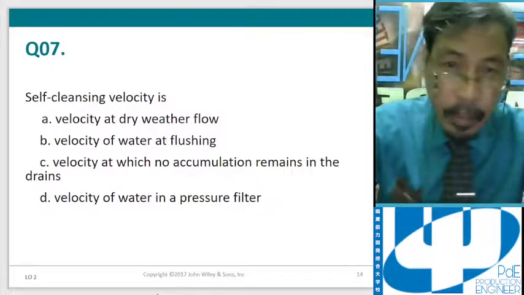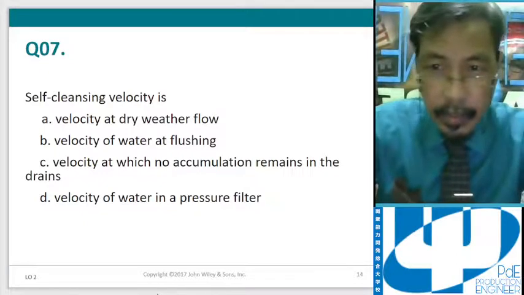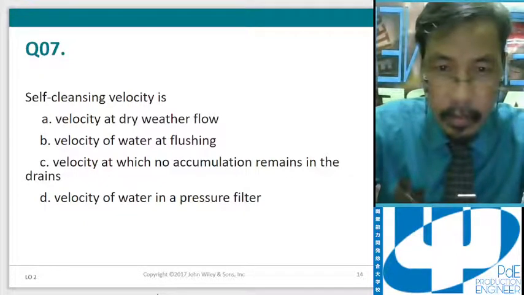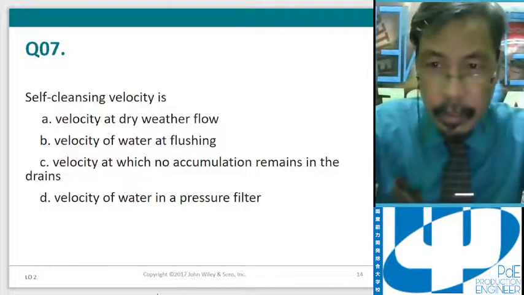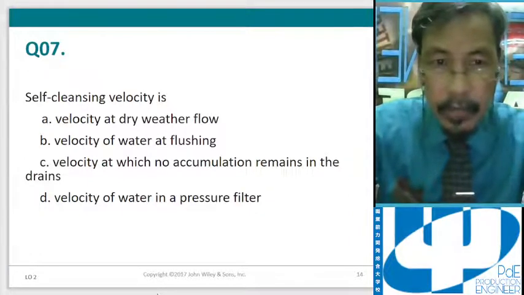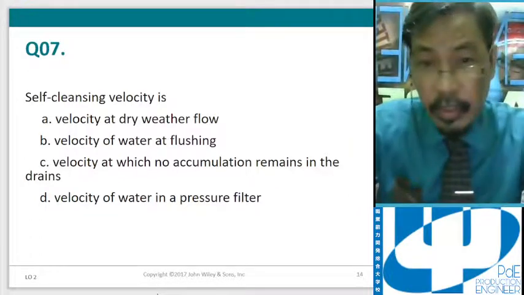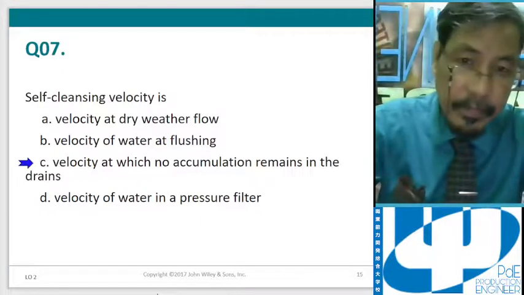Historical. Question 7. Self-cleansing velocity is A. Velocity at dry weather flow, B. Velocity of water at flushing, C. Velocity at which no accumulation remains in the drains, D. Velocity of water in a pressure filter. So this is letter C, at which no accumulation remains.